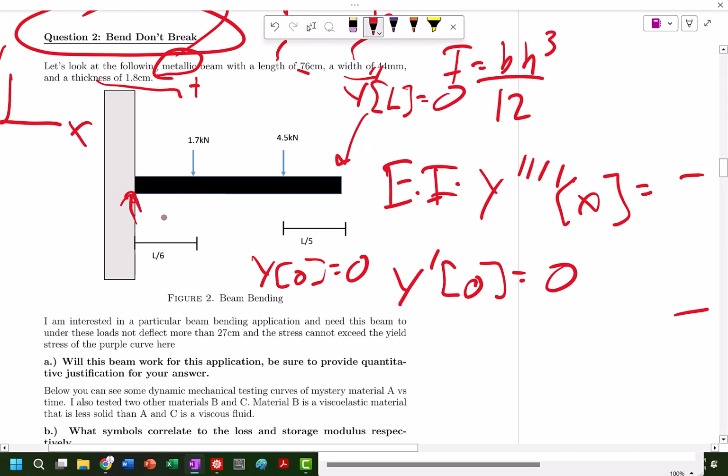So I need to set basically the sum of my forces equal to 0 at the origin.